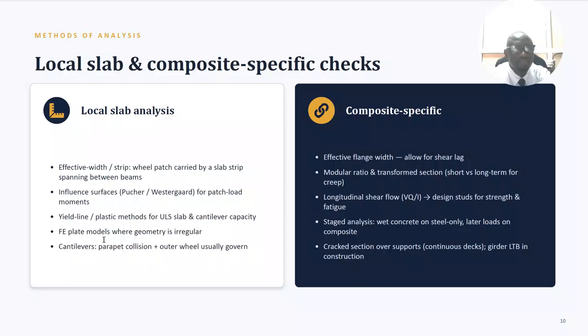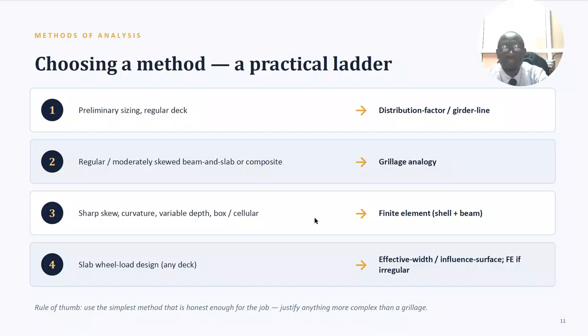Look at finite element plate models where geometry is irregular, cantilevers; these are good if you are using software and you can model from first principles. Then composite-specific: effective flange width, allow for shear lag, modular ratio and transformed section, short term versus long term for creep. So these are some of the things that you need to look at.